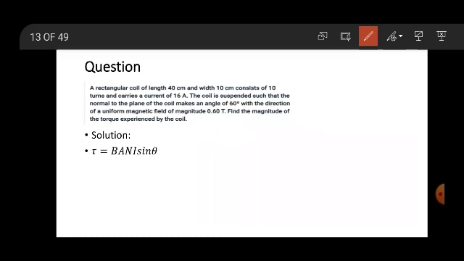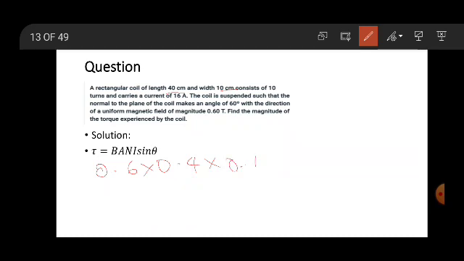Now, solution, we've seen that torque is NBIA sine theta, okay? So your B here is the magnetic field from the question, 0.60, multiplied by area. Now, we are not given area, but we are given the length and the width, which is 40 times 10. So we can write that as 0.4 multiplied by 0.1.